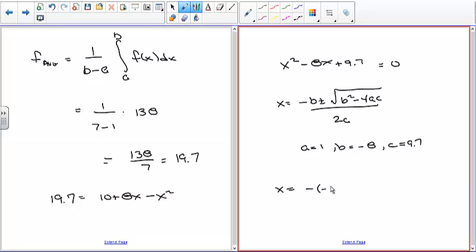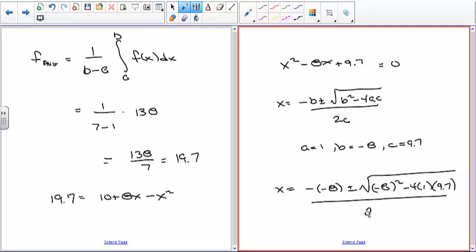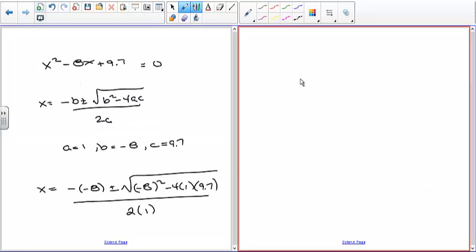So we get negative of negative 8, plus or minus the square root of negative 8 squared minus 4ac, over 2 times a. So x is equal to 8 plus or minus the square root of whatever I've got in there, which is 64 minus 4 times 9.7, so the square root of 25.2, over 2.